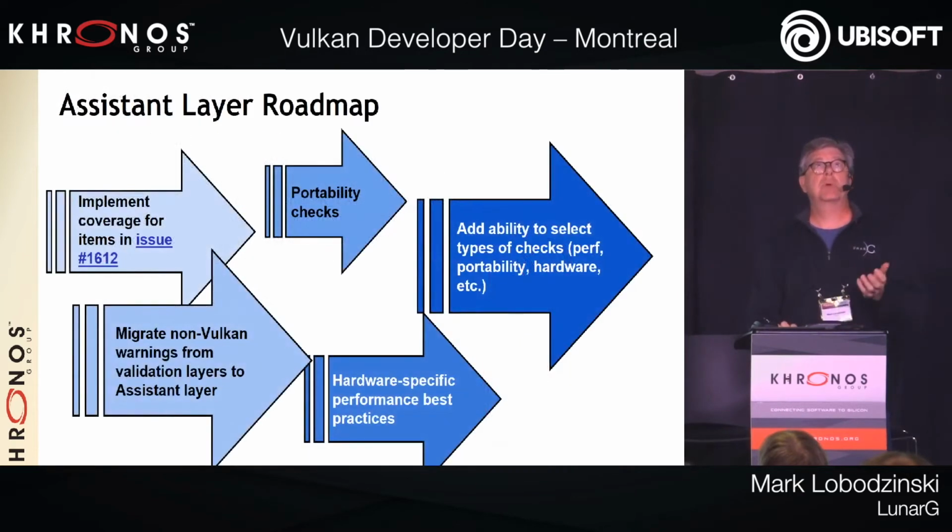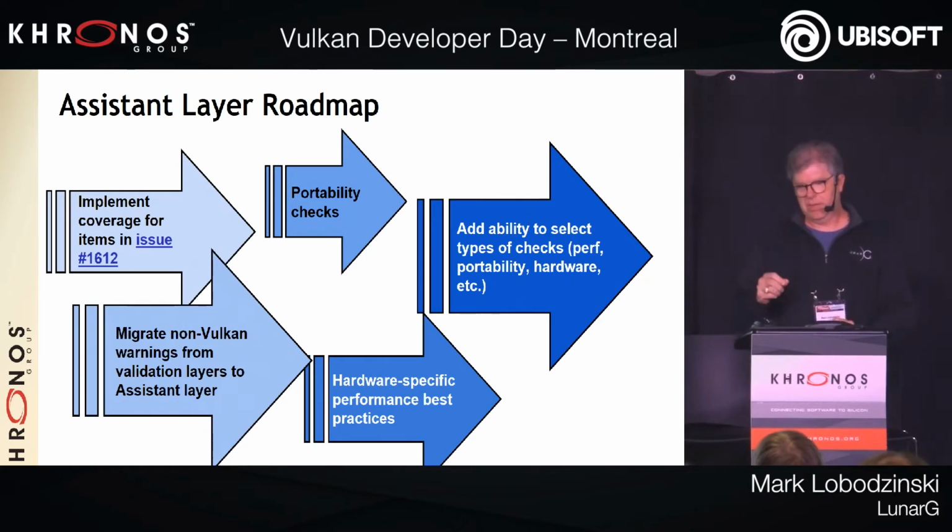What we want to do in the near future is add more coverage to the requested list of items. Another interesting thing is right now there are many warnings in the validation layers which are not defined in the spec. This is probably a leftover from the early days when this is all there was to go by.